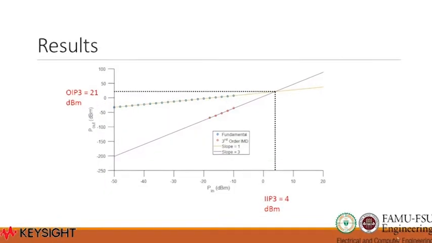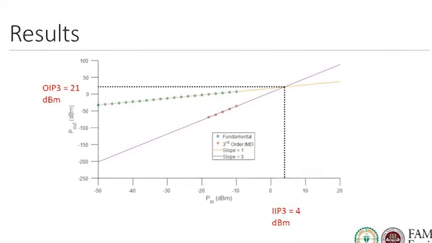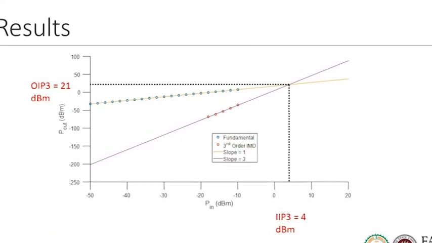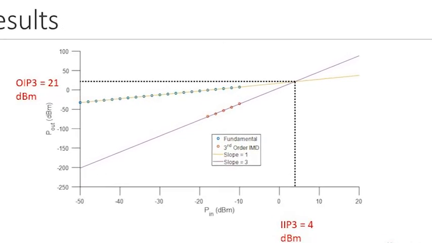Now we'll move on to the results of the P out versus P in diagram. As you can see, we graphed both the IMD3 and the fundamental lines. And at their intersection, we were able to find the IP3 intercept points. For the IIP3, which concerns the input power, it was around 4 dBm.